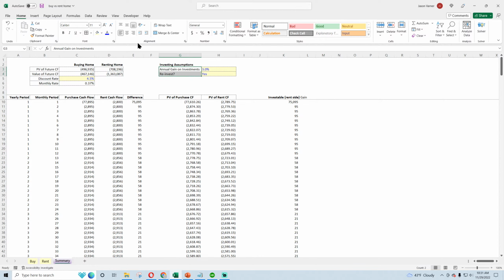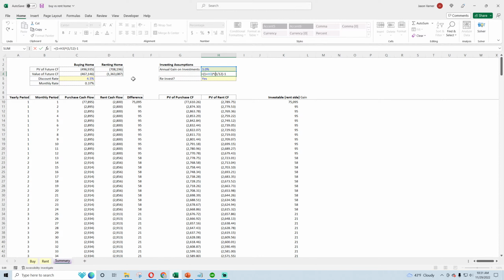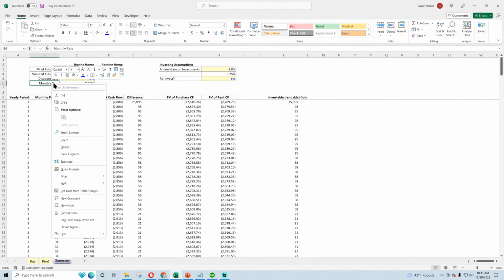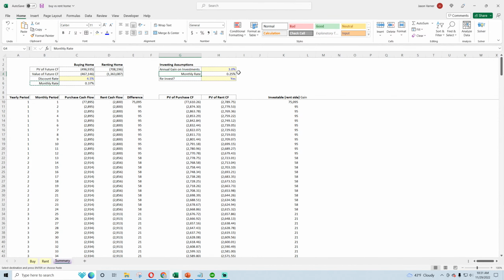We want to convert this annual rate to a monthly compounded rate that equals the annual rate. So we do this calculation like we did here. This shows you what the monthly compounded rate will be to get an annual rate of 3% return on your investment.